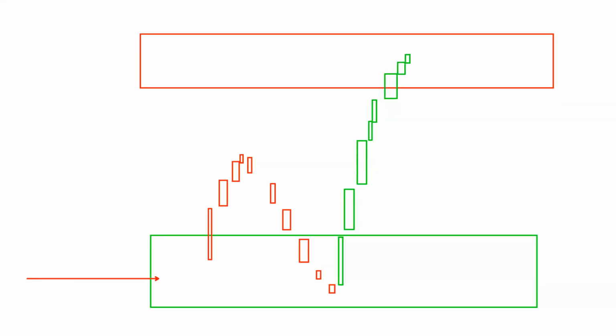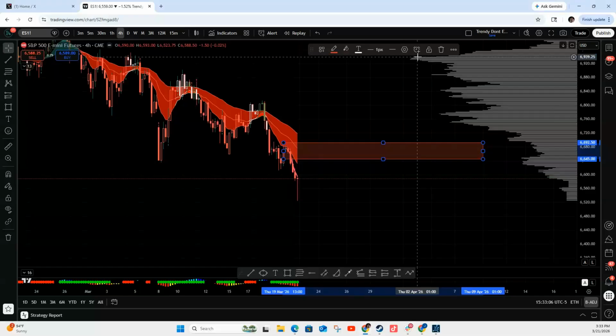And when this happens, the opposite occurs. We found that using the close of a candle on the time frame of the zone is what really gave us an edge in not getting stopped out.